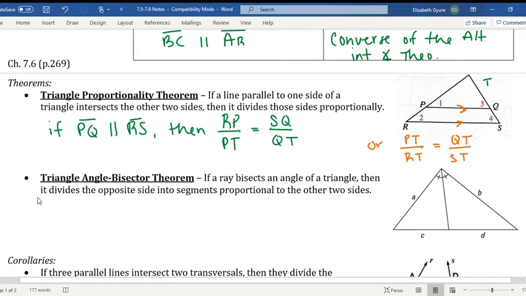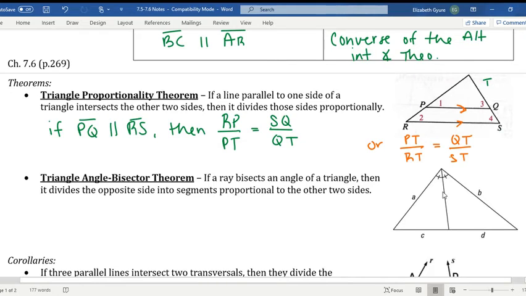Triangle angle bisector theorem is the next one. That says if a ray bisects an angle of a triangle, then it divides the opposite side into segments proportional to the other two sides. So here we have this case, it's a segment, but we'll pretend it's a ray. We have a segment bisecting our angle here. We can see we have our congruent angles.